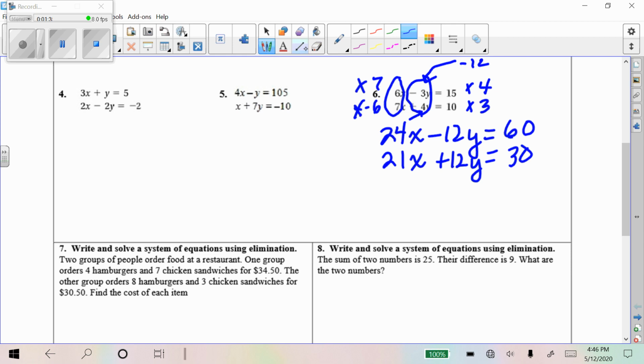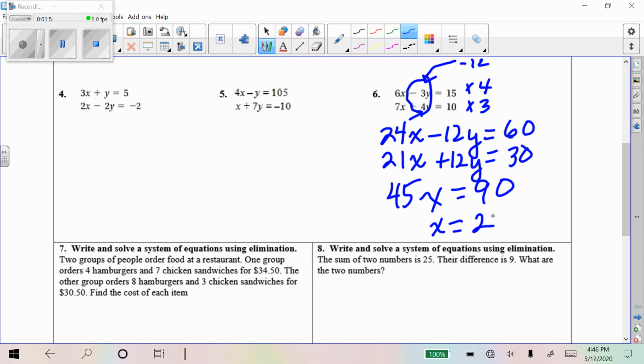That would also work. So that's one little trick you can do to help you match up the numbers. So now I'm going to add these together, and that gives me 45x equals 90, and obviously x equals 2, right? Because 45 times 2 is 90.